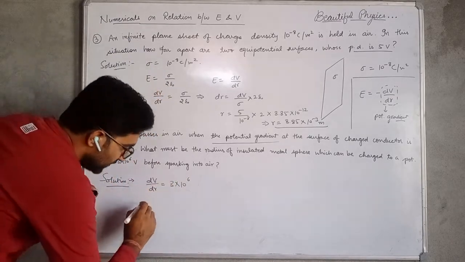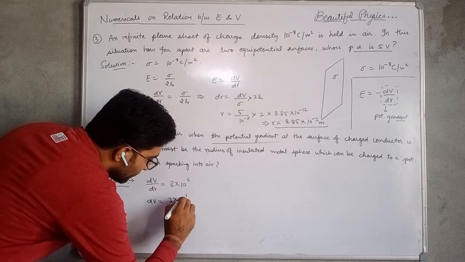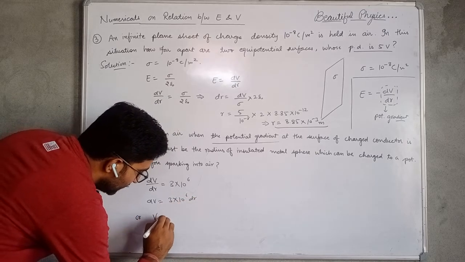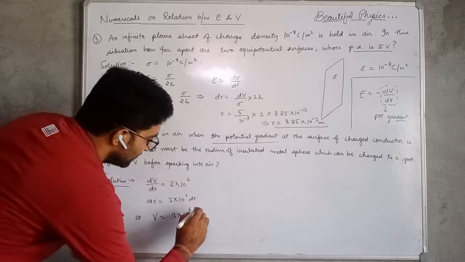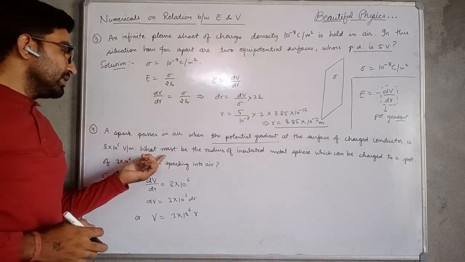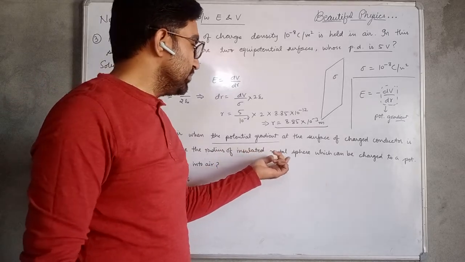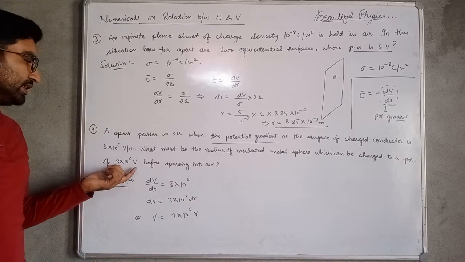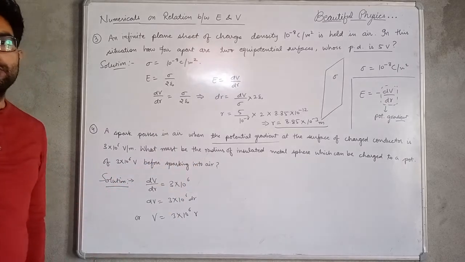So dV is equal to 3 into 10 raised to power 6 times dr, or we can write V is equal to 3 into 10 raised to power 6 times r. Next is: what must be the radius of an insulated metal sphere which can be charged to a potential of 3 into 10 raised to power 6 volt before sparking into air?